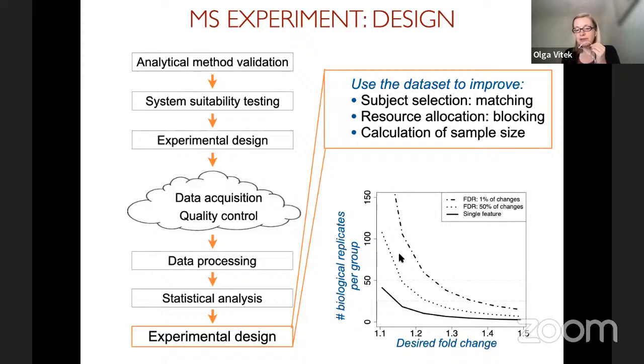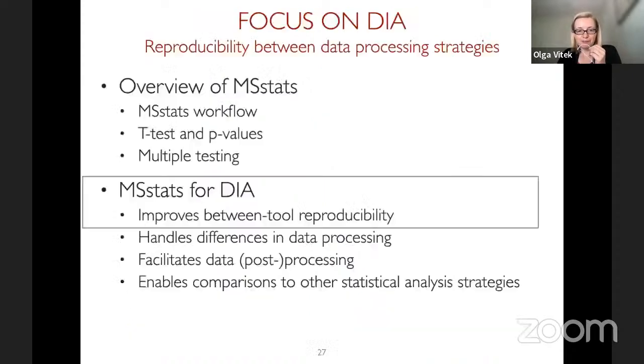And this is fine too, if this is what is acceptable for our experiments. So the goal for us is not necessarily to request a large sample size, but more to understand the trade-offs between the type of the experiment and the type of false positives and false negatives that we can have. So that's how MSstats thinks about all of these problems.